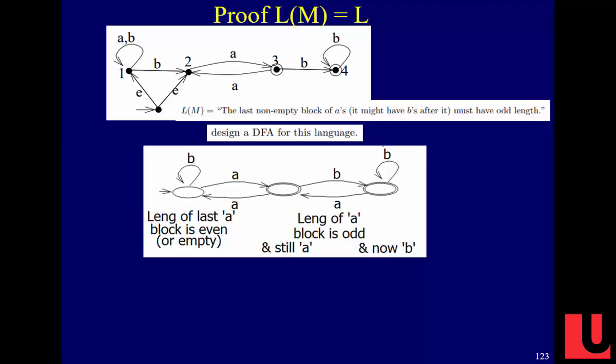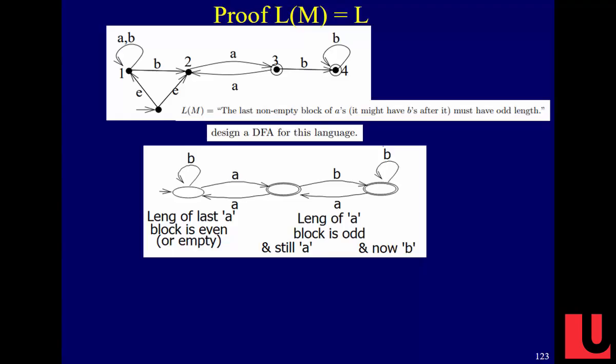Whenever that's true, we're going to be here. The length of the last A block is odd, right? Oh, no, the length here, the last block. Oh, here. Oh, we got to be more precise, right? There might be a B block, but the last block of A's is either even or 0.